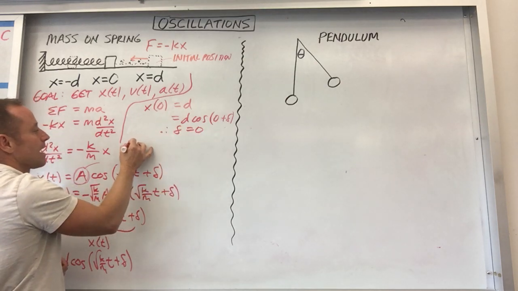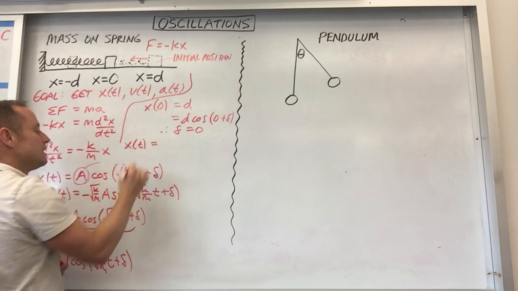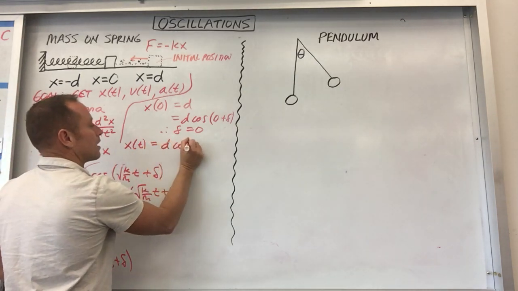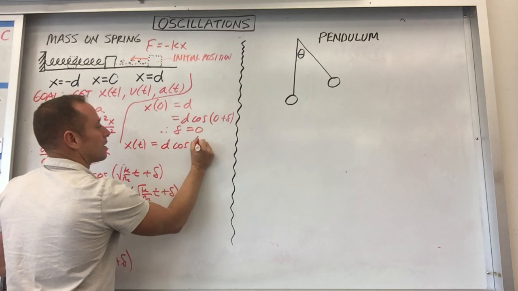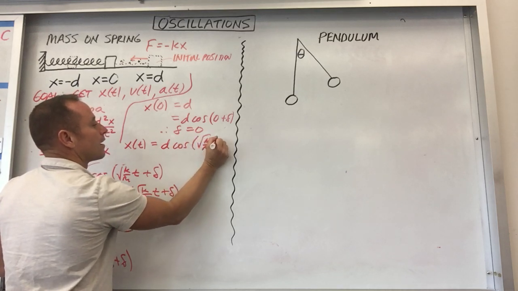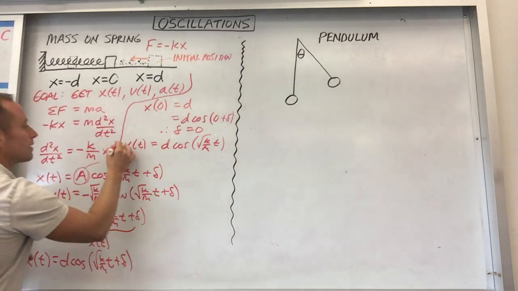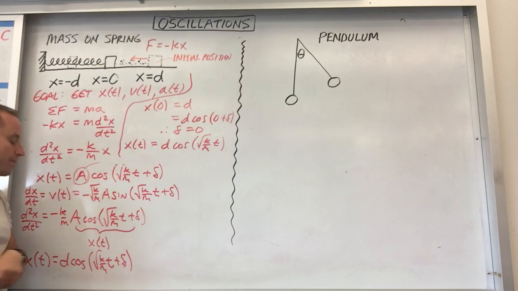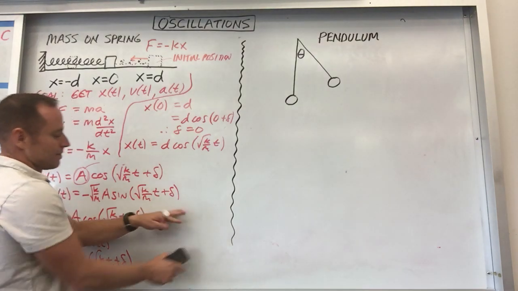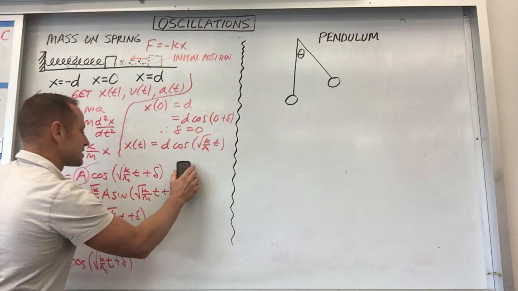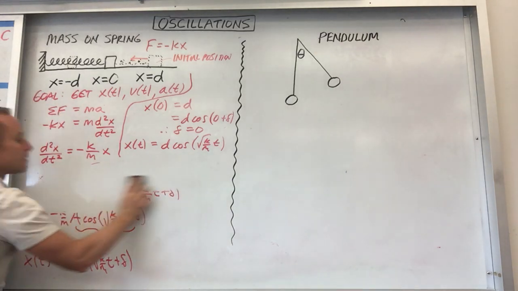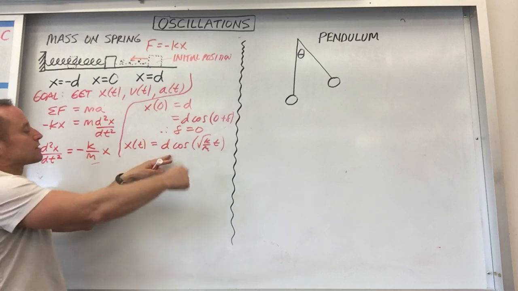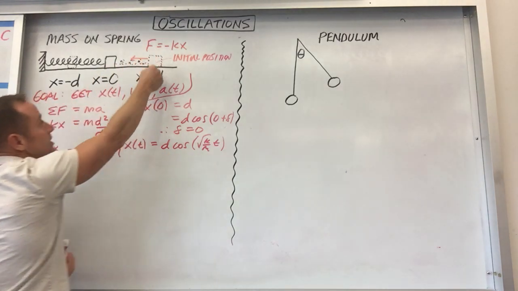And so finally what we have is x of t, our position function, is just going to be d cosine root k over m t. Right? One final thing we can get from this is we can figure out how long it takes for this to cycle back to the same position.